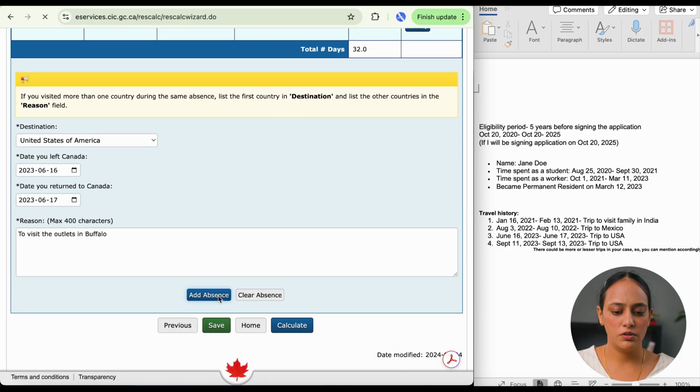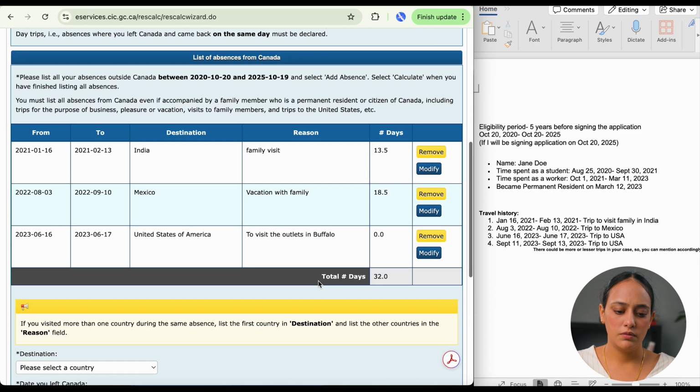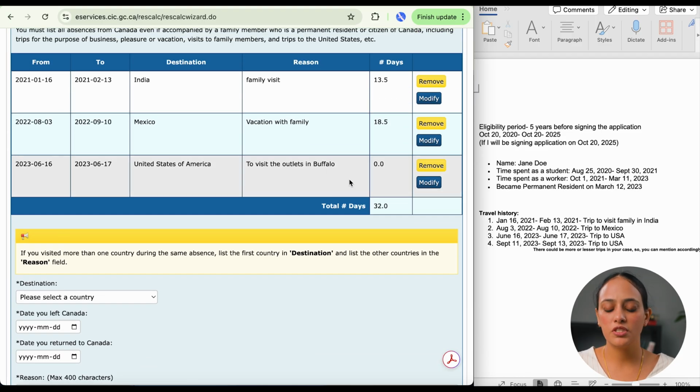And then moving on to the last trip that I have here. In the third trip, it's interesting to note that there's no days taken off for my absence because I went on 16th and came back on 17th. So both of those days will be counted in my physical presence in Canada. If I spent 2 days outside of Canada, for which all the 24 hours were outside Canada, then it would be counted as absent days.